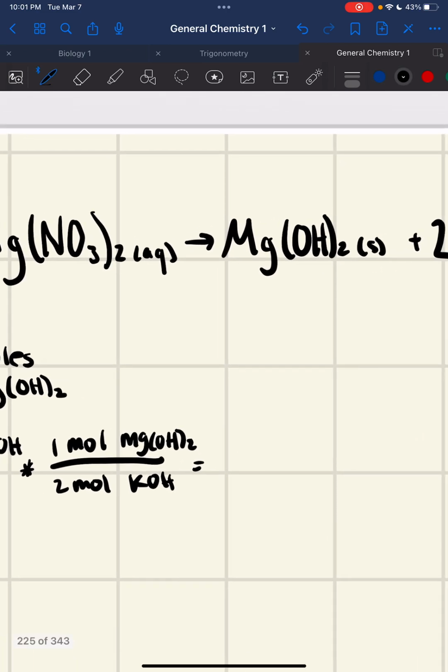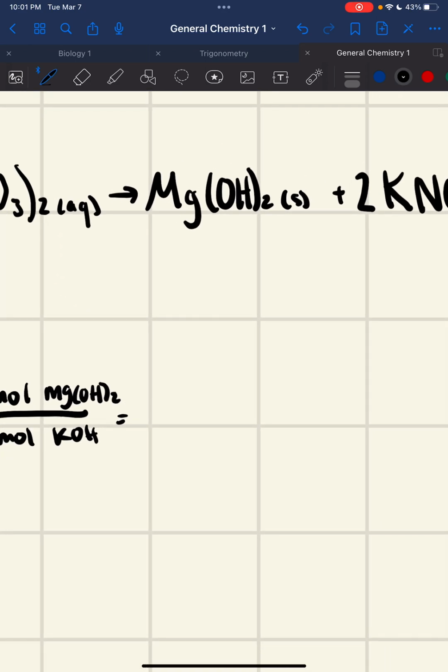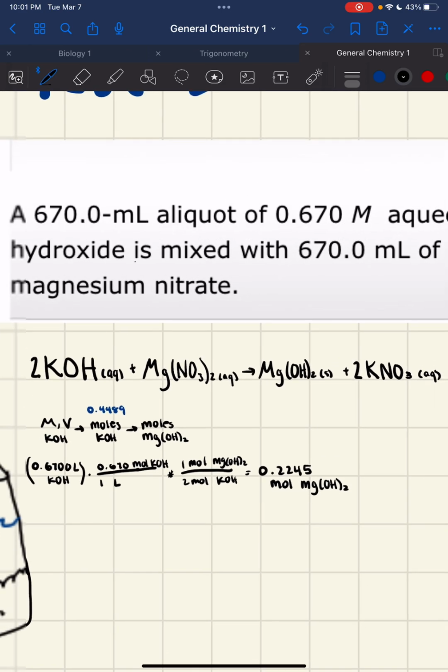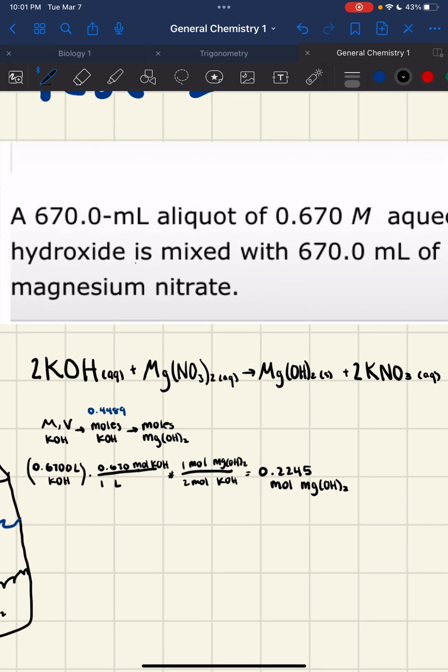Then we'll go on to here, and there's 2 moles of KOH, so we'll have to divide that by 2. And then we get 0.2245 moles of magnesium hydroxide made from potassium hydroxide.